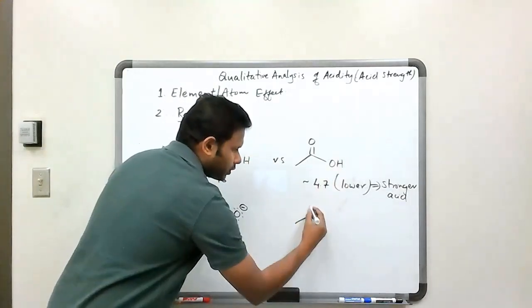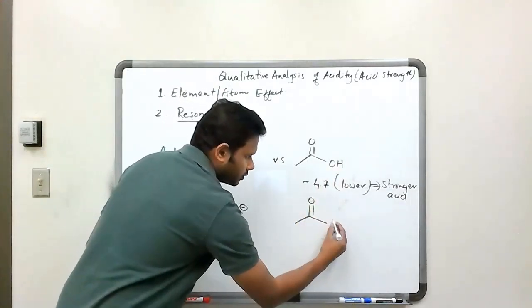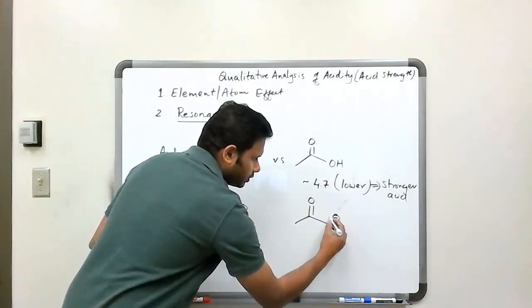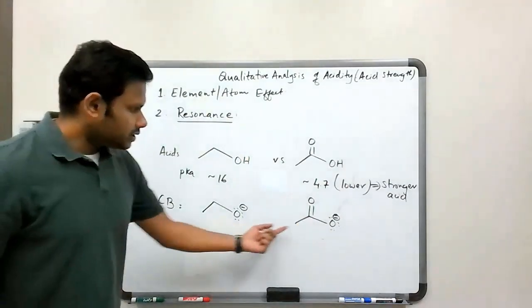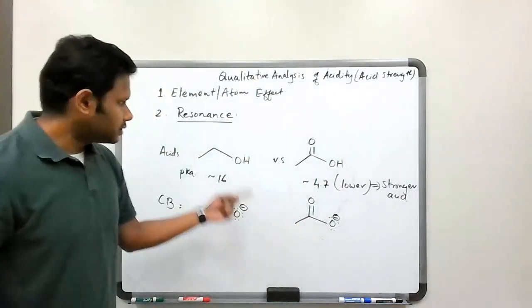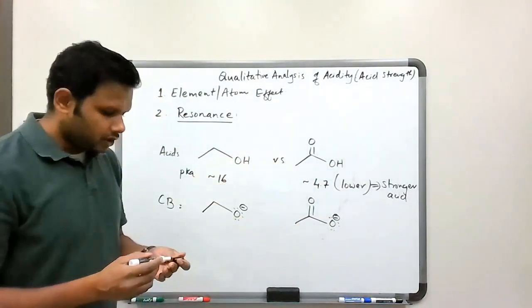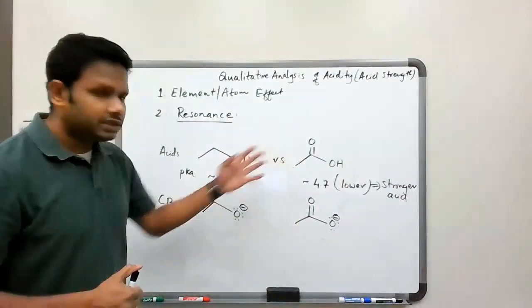For the carboxylic acid, again, remove that proton and put down whatever we are going to get: oxygen with the negative charge over there. So these are the 2 corresponding conjugate bases for these acids.